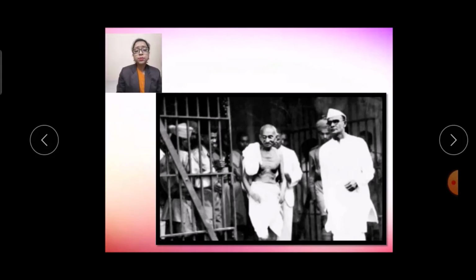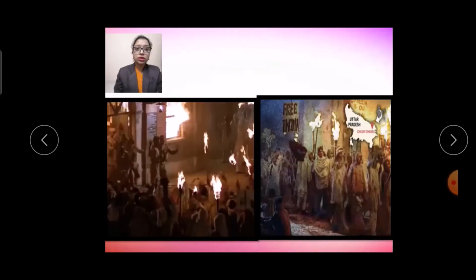Because the people became violent, Gandhiji called off the movement. Gandhiji strongly believed that the movement could only succeed if it was non-violent. But because of these people, this movement became violent. Here you can see how these people set fire to the police station and 22 policemen were killed in Chauri Chaura in Uttar Pradesh.